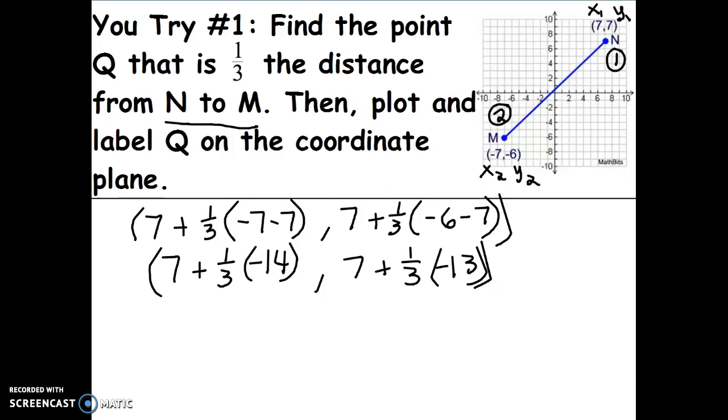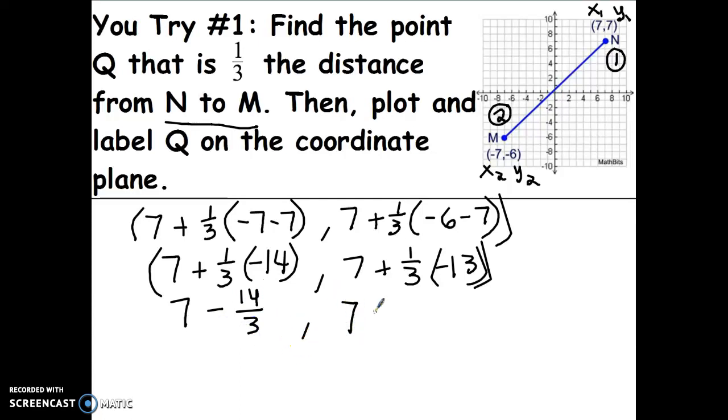Okay, now we need to multiply. So let's do 1/3 times -14. And I'm just going to leave mine as a fraction. Okay, so that leaves me, and I actually don't need that plus, let me take that off, and that leaves me with -14 over 3.